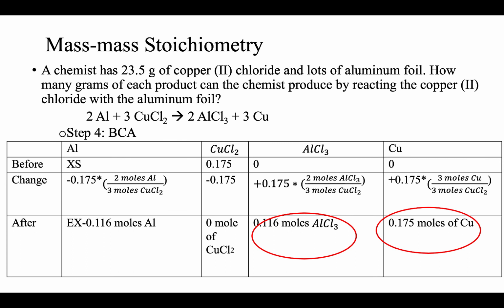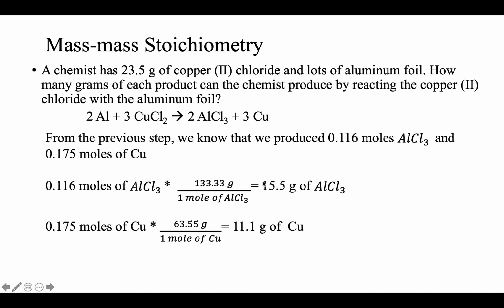Once I find out how many moles of aluminum chloride and copper are being produced, I have to convert them back to number of grams, because the question is asking how many grams of each product will be produced. Let's start with aluminum chloride. We have 0.116 moles. We simply multiply by the molar mass, and we have 15.5 grams of aluminum chloride.